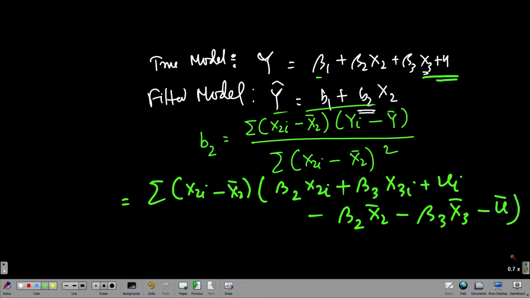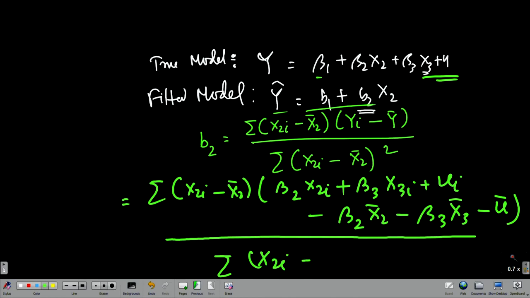That is what you have in your numerator, and the denominator is going to be the same, that is x2i minus x2 bar whole square.